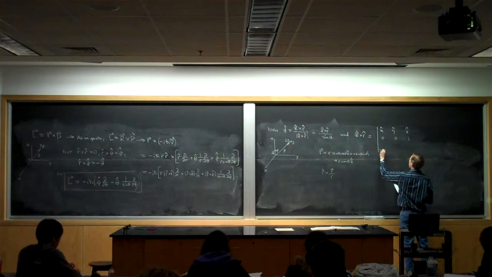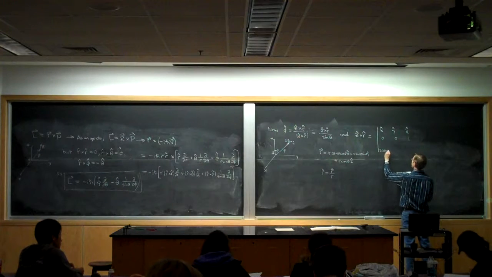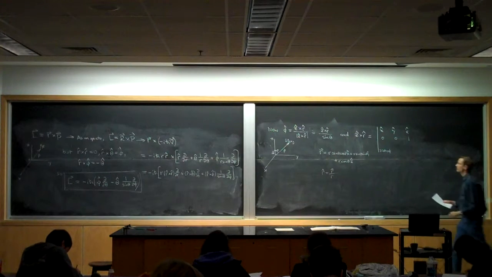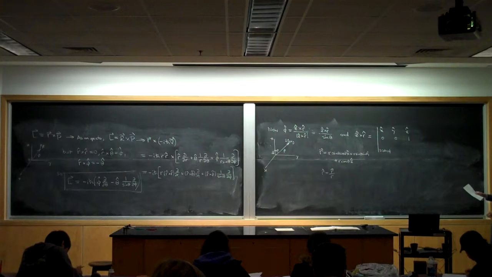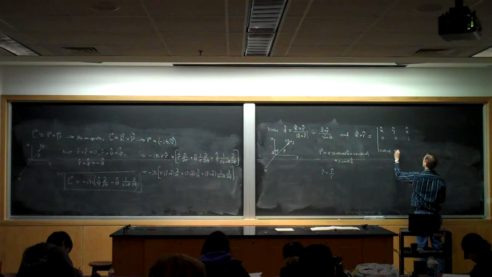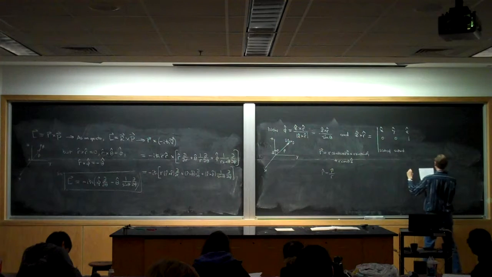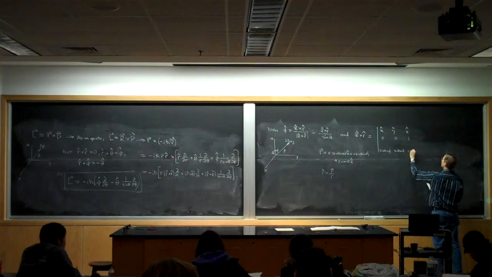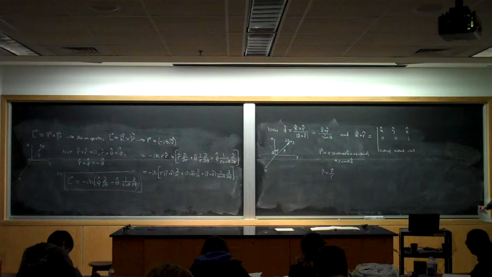So along the bottom row, I write sine theta cos phi for the x component of r hat. I write sine theta sine phi for the y component of r hat. And I write cos theta for the z component of r hat.